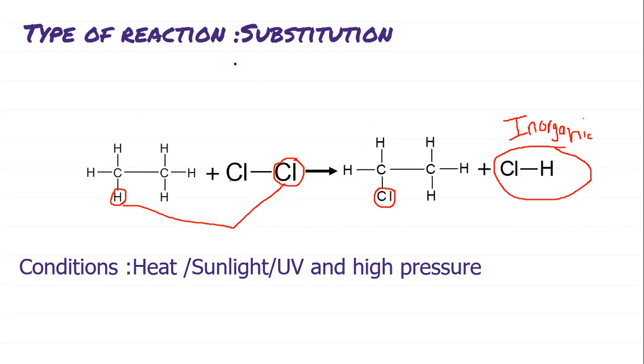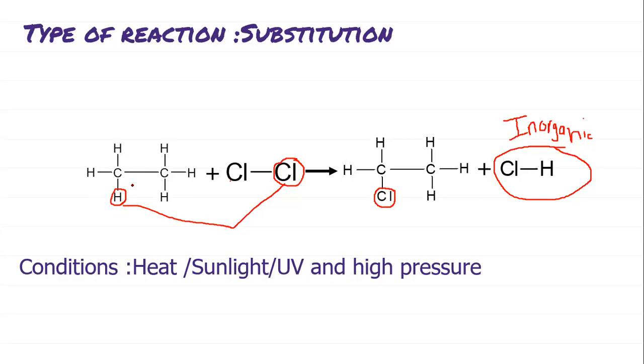Now, when you look at alkanes, alkanes have single bonds between carbon and carbon atoms. This single bond between carbon and carbon atoms is very stable. And because it's very stable, it makes alkanes not react easily. But as scientists, we can't say that because alkanes do not react easily, we don't do anything about it. So we try to make them react.